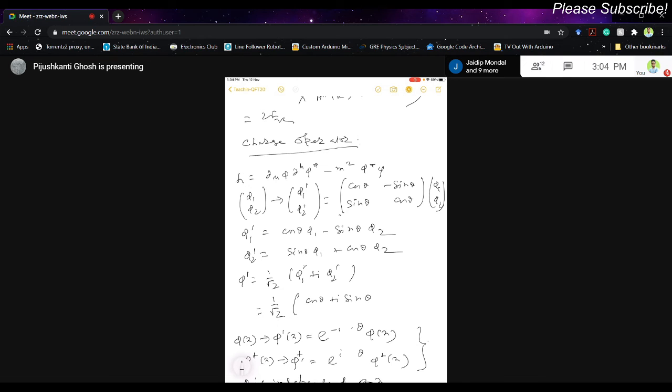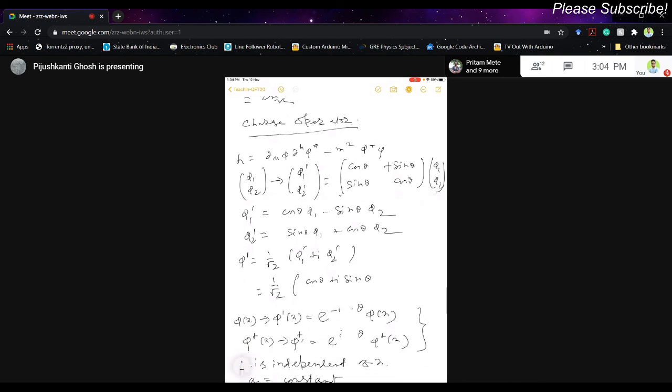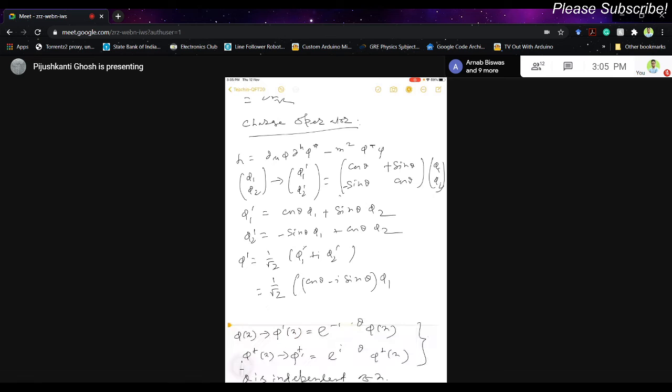So to make the connection with this, I considered this transformation with minus sin theta here. Okay, so phi 1 is cos theta, and then cos theta minus i sin theta phi 1.